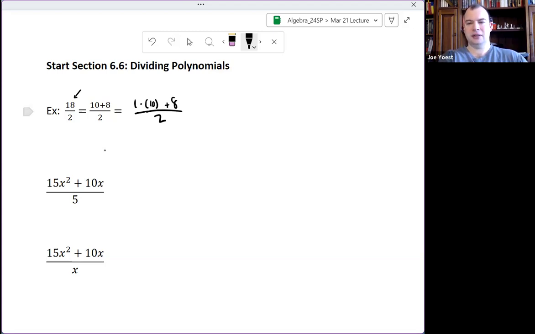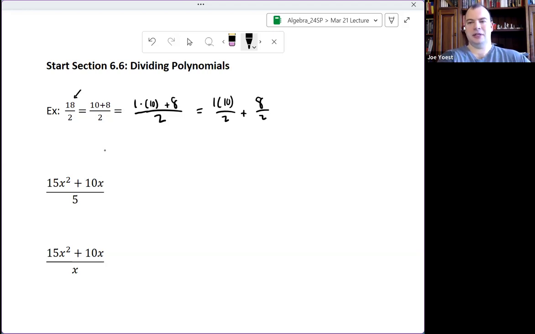I could split this fraction into 2 fractions. Remember, if we add 2 fractions with the same denominator, we add the numerators and we keep the denominator. So I have 1 times 10 over 2 plus 8 over 2.